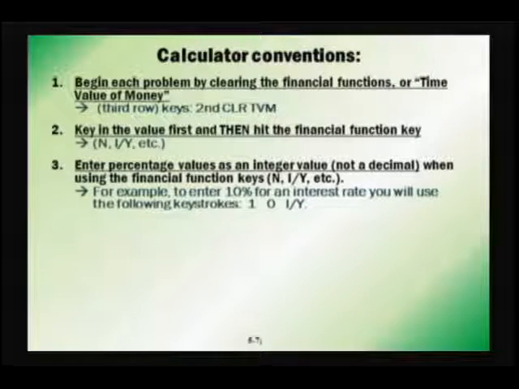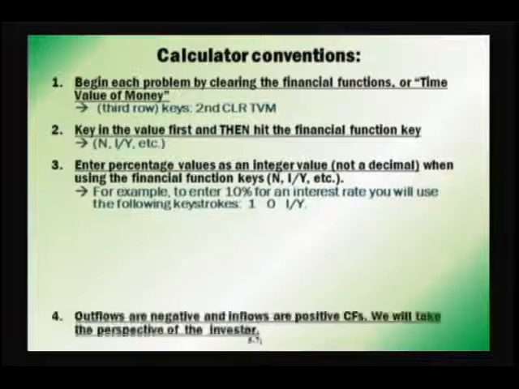Percentage values are entered as whole numbers, not as a decimal. For example, 10% would be entered as 1, 0, I over Y. 1/2 of 1% would be entered as 0.5 and then press I over Y to lock that in.